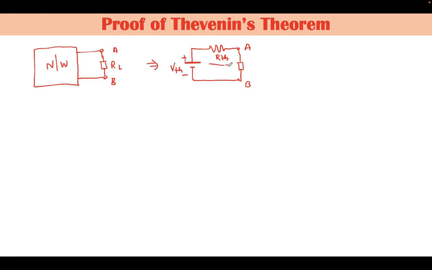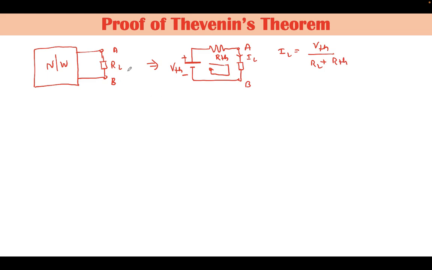Now, in this circuit, the current flowing through the load resistance, let it be IL, is given by IL is equal to VTH upon RL plus RTH.